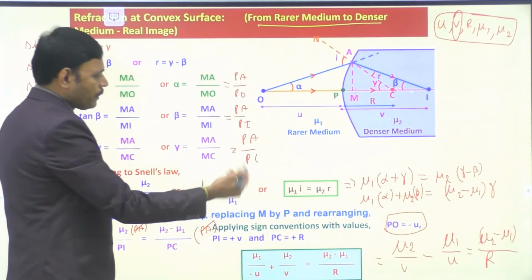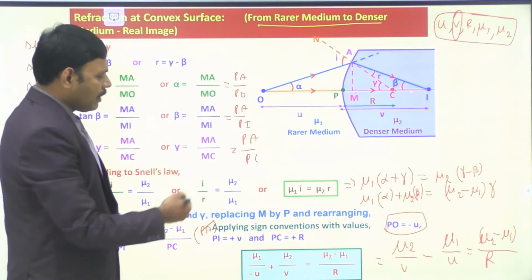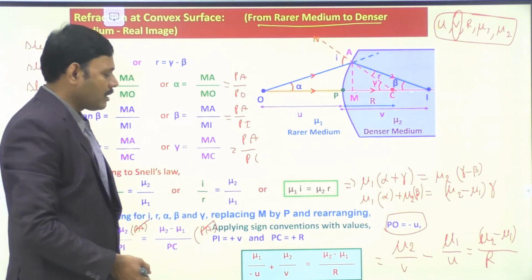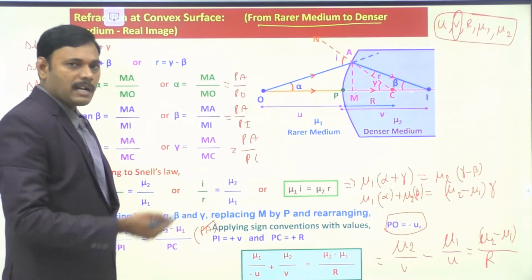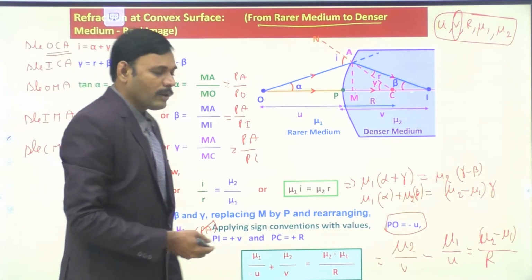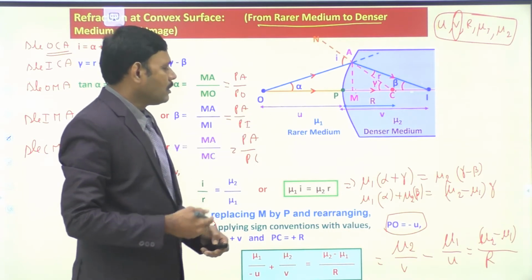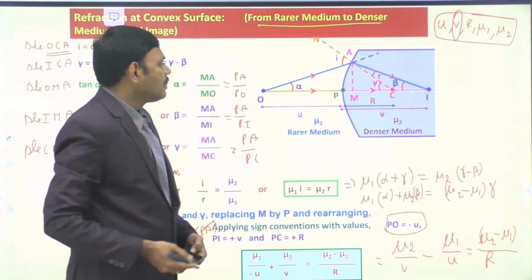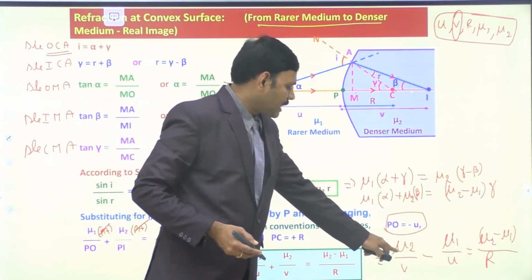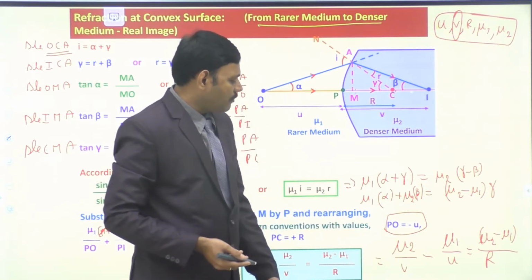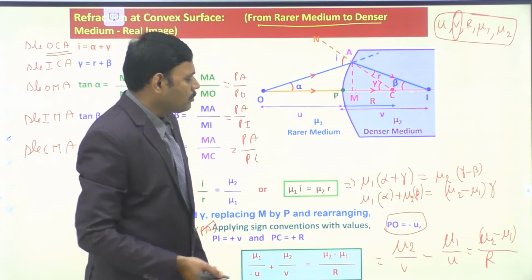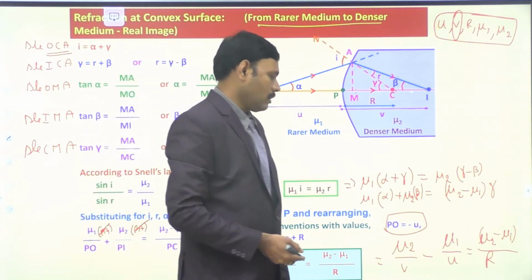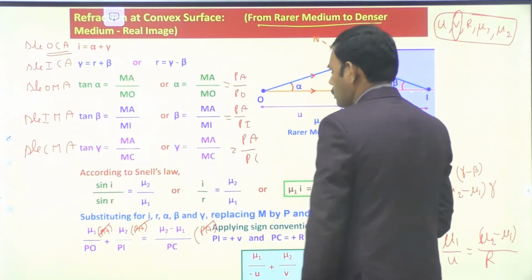This is the way we remember the formula and apply it with proper sign convention. So a light ray starts in a medium of refractive index mu1 at position U, is incident on the denser second medium of refractive index mu2, and forms the image at V. Then mu2 by V minus mu1 by U is equal to mu2 minus mu1 whole divided by R. So this is the very essential relation for us.